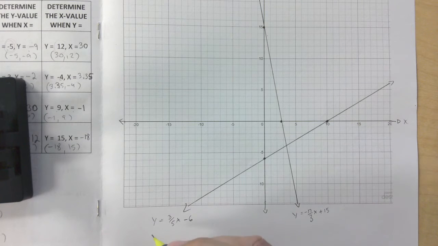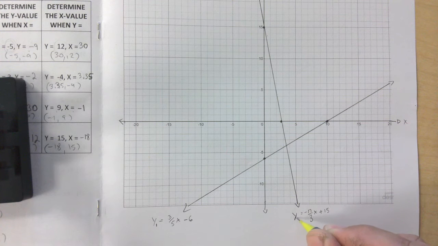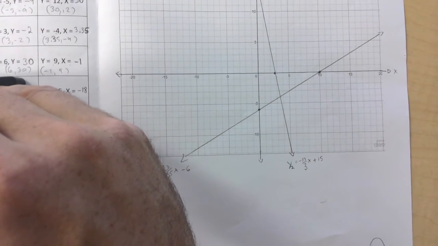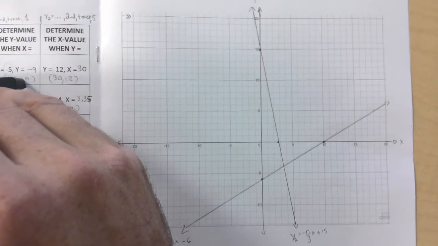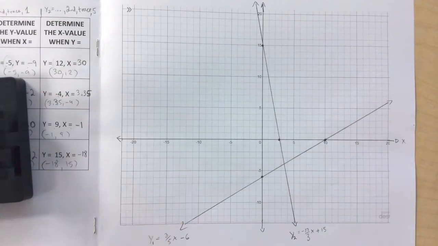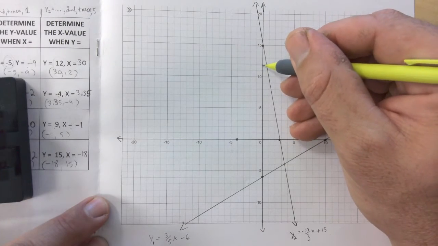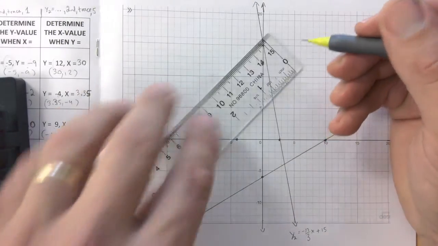How about this? I'll put y1 here and y2 here. It might make it a little bit easier to distinguish. What's my next one here? I'm blocking it to camera. -4, 0, and 0, 12. -4, 0, and 0, 12 is right there.